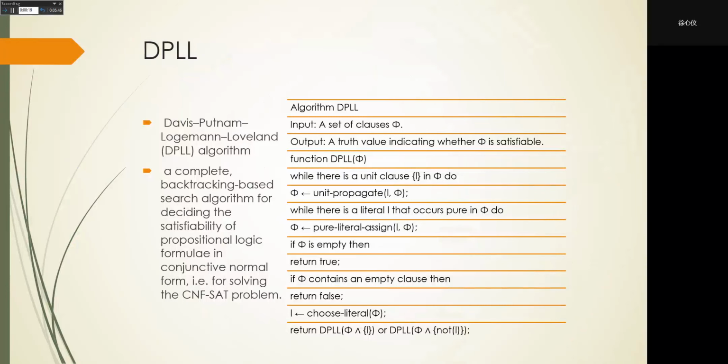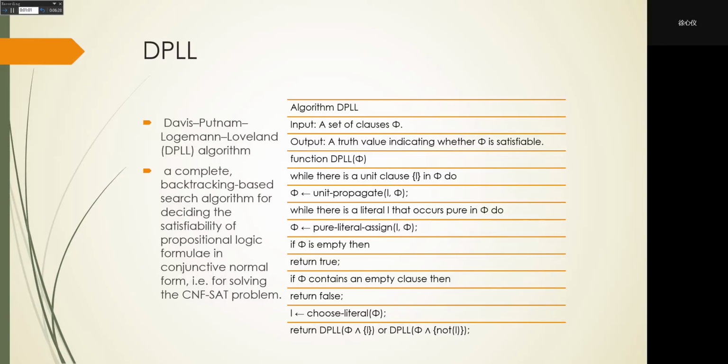And here you can see unit propagation. Unit propagation means that if you already know that A and B are each a unit clause, you need to assign A with true. So you replace A with true and distribute this message to all of the subclauses.